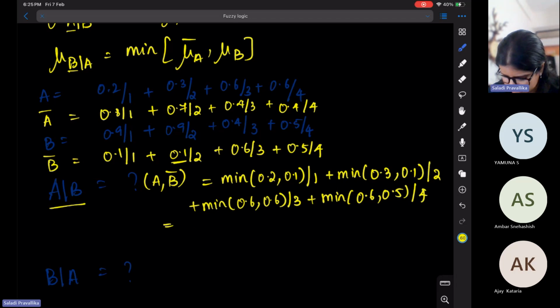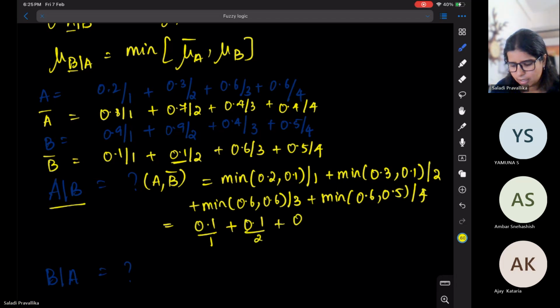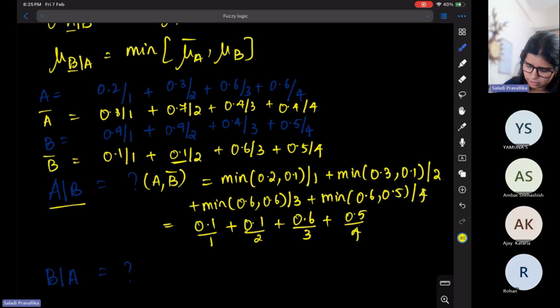Right? Let's write the values. 0.1 by 1 plus 0.1 by 2, plus for x equal to 3 both the values are same, so you'll just write 0.6 by 3, plus 0.5 by 4. So this is essentially your A minus B.